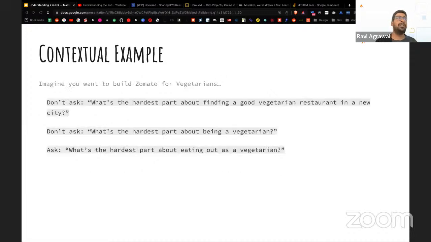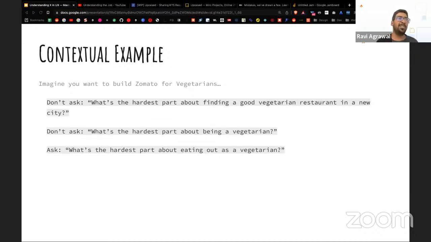Ask these 5 questions and, to give you a contextual example, imagine you want to build Zomato for vegetarians, right? Don't ask what's the hardest part about finding a good vegetarian restaurant in a new city. You have already made it so niche, and you have already limited the scope for the gold insight you can extract.